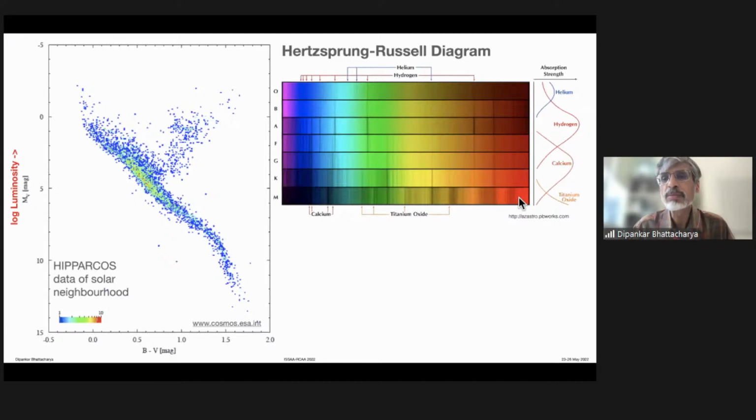For example, at the bottom, the peak of intensity is clearly in the red over here. At the top, the peak of the intensity is somewhere in the blue. Our sun is somewhere here of class G, where the peak of intensity is somewhere in green here.